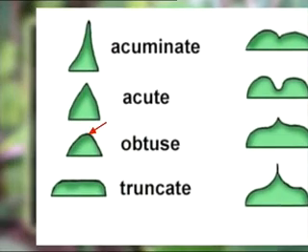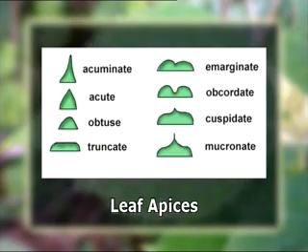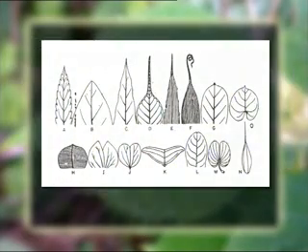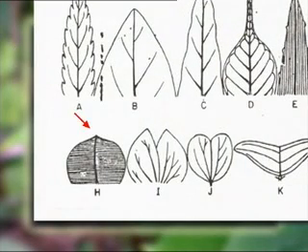Then obtuse, rounded leaf margin. For example, banyan. Rounded, these are wide curved shape that's wider than obtuse with less of a point while not being so flattened as to approach truncate.